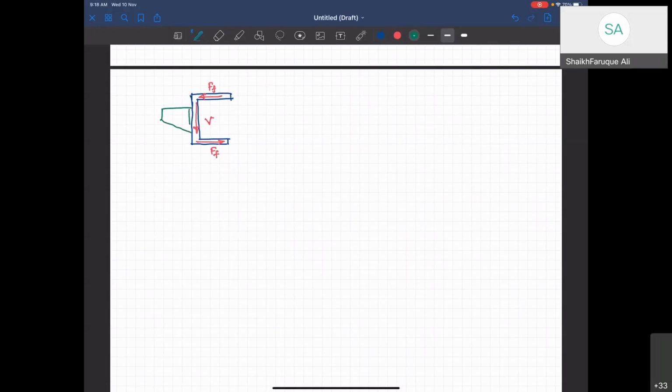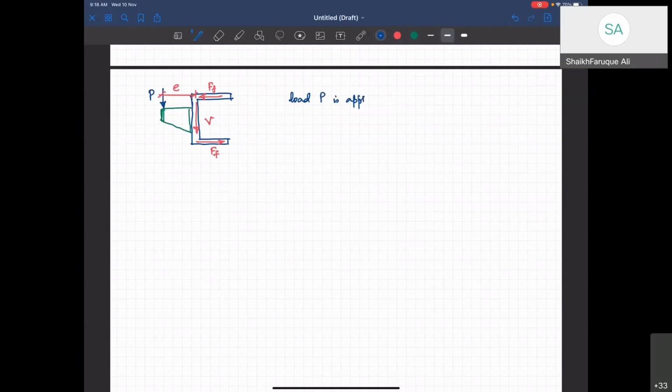A gusset plate is something that carries a load outside the section. So this is a gusset plate, and there is a P force acting here. And let's say that makes an eccentricity from here as E.